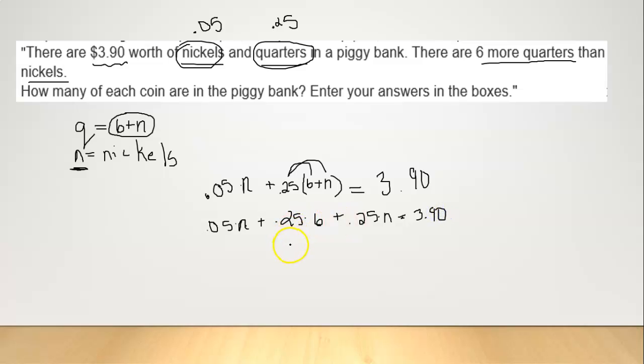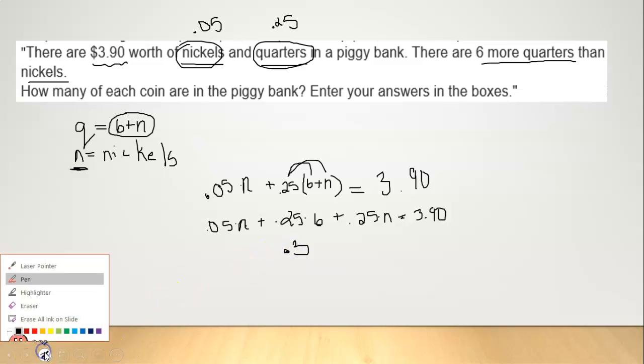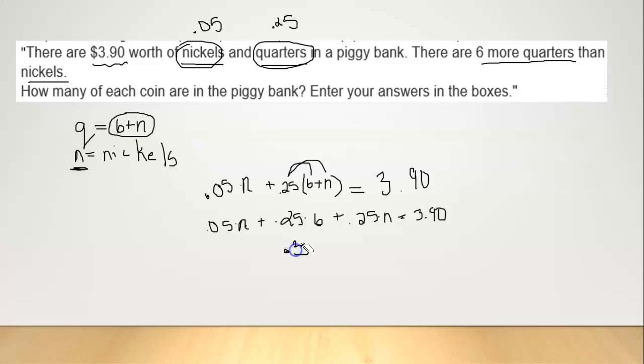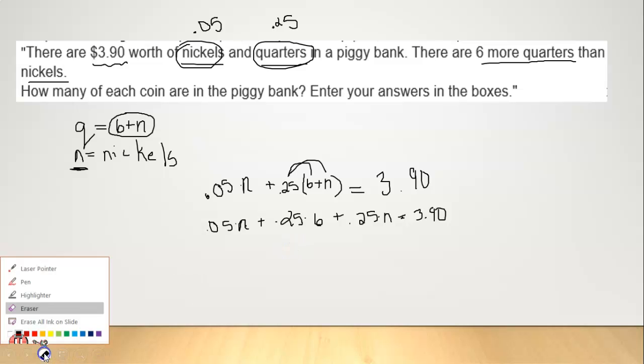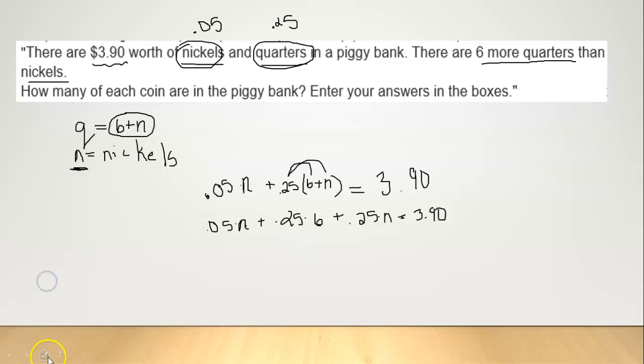So 0.25 times 6 is actually 0.3. It's not 0.3. Let me see if I can erase that. Eraser. Hey, that worked. All right, 0.25 times 6 is 1.5.